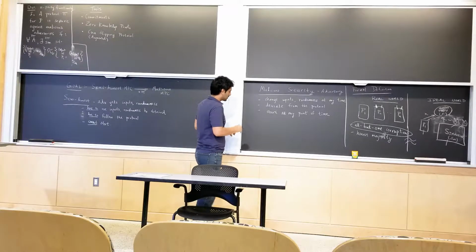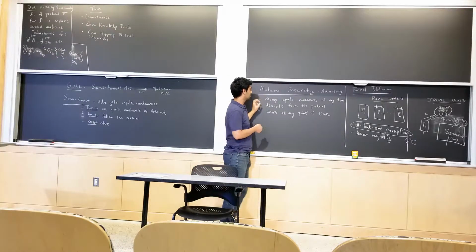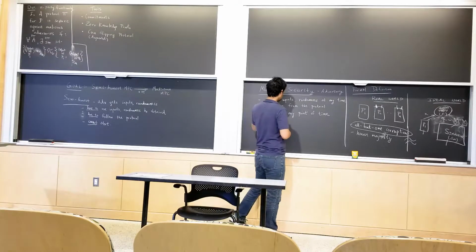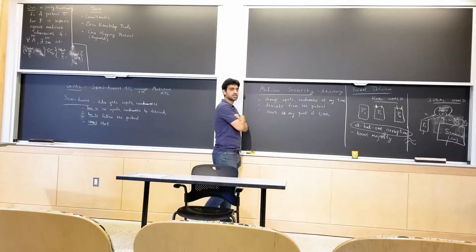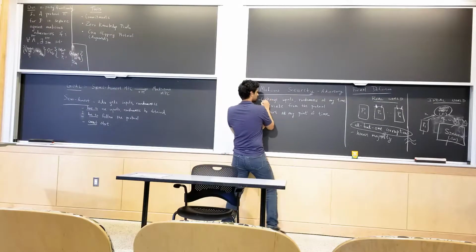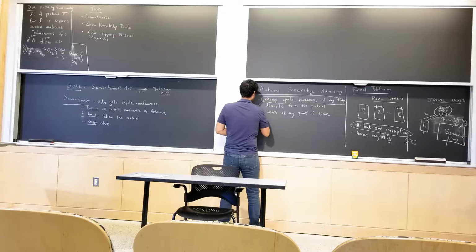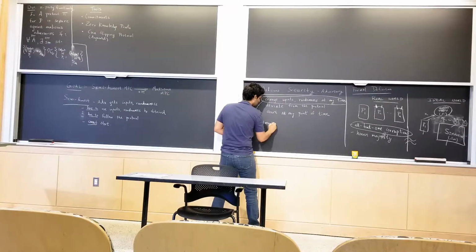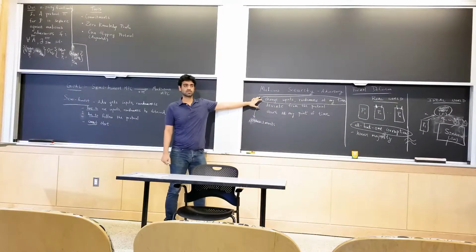So do you guys have any ideas as to what tools we are going to use to prevent the adversary from changing his inputs and randomness? Good. So we are going to use commitments. Is that it, or is there anything more?